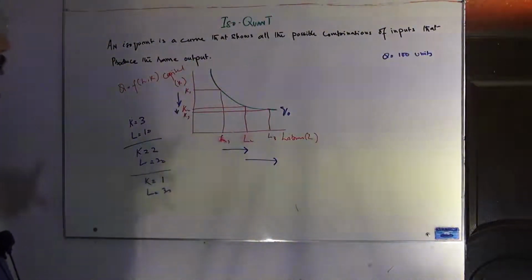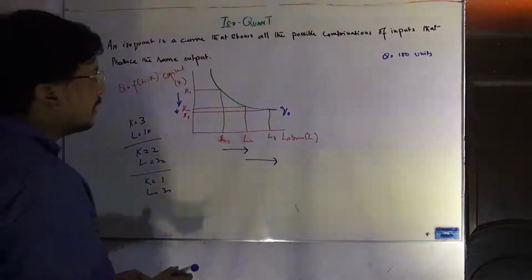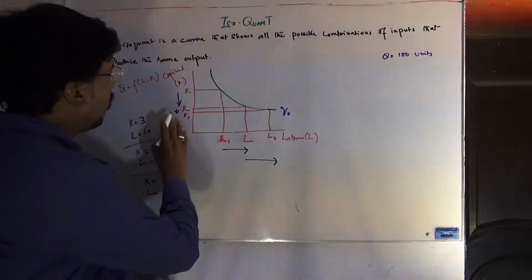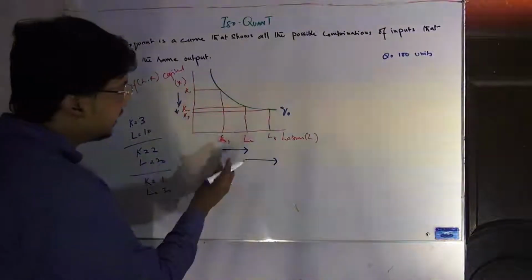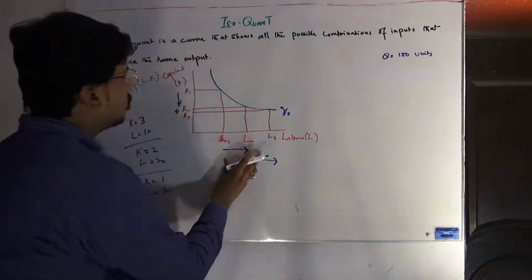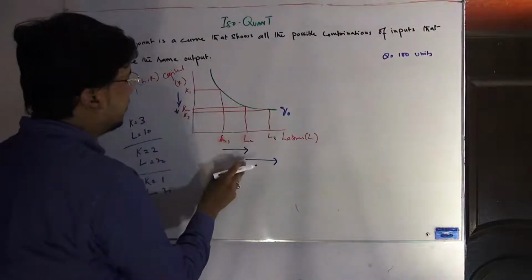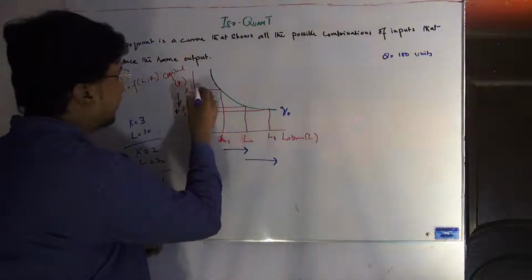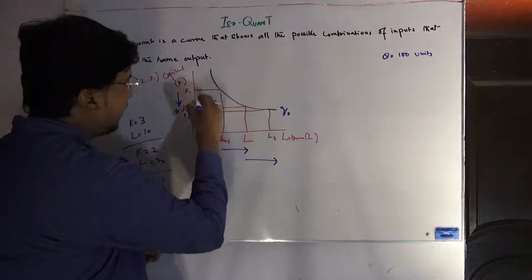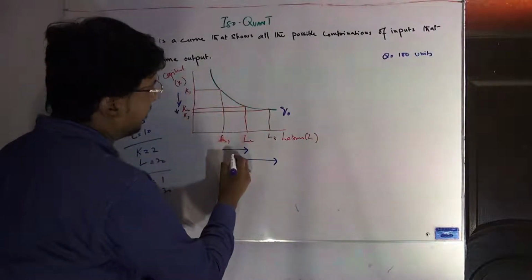What happens if we don't reduce the capital, if we are just increasing the labor? So as a result we are not changing the capital, and we keep the capital the same. Let's suppose our capital level is this and we are just increasing the labor.